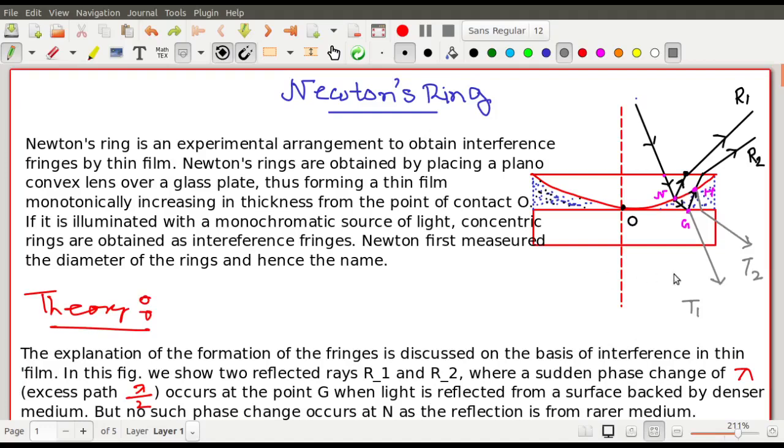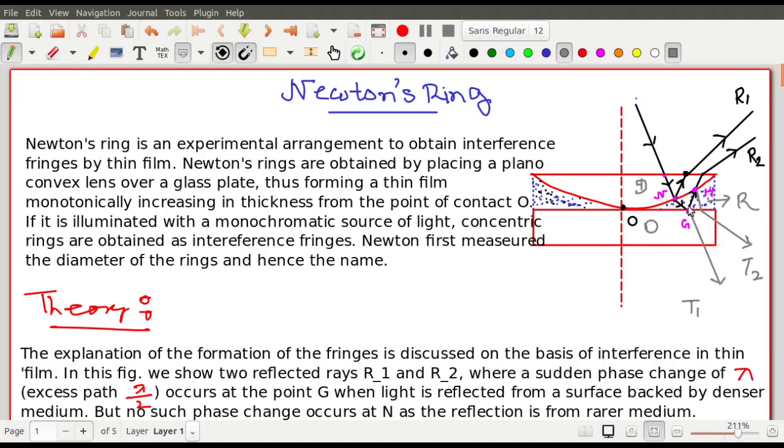And here you see both of these rays suffer that phase change at the point G and also at the point H. G I have already discussed, because this medium is the denser medium, so these blue dots are the rarer medium, blue is the rarer medium, and this one is the denser medium. So as the light travels from N to G, it is traveling from rarer to denser, so a phase change of pi, and again it travels from G to H. You see that this one is the denser medium, this glass, both of these are glass made, so this is the glass plate and this is the glass lens.